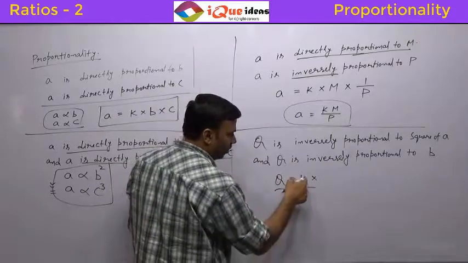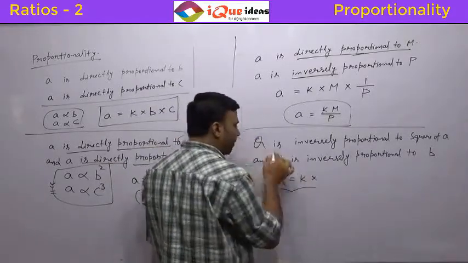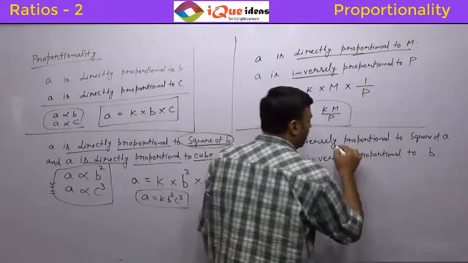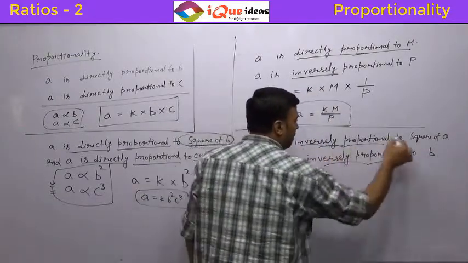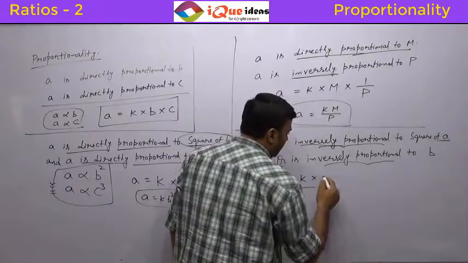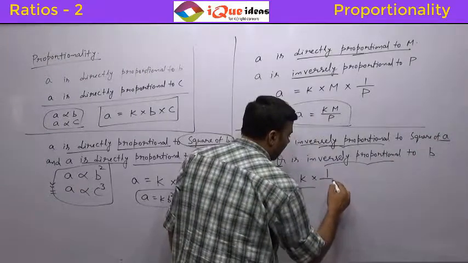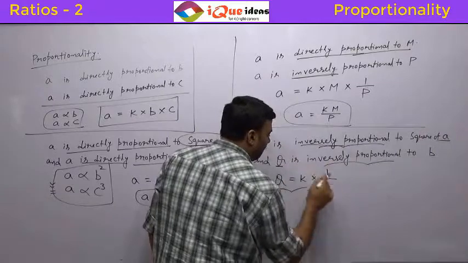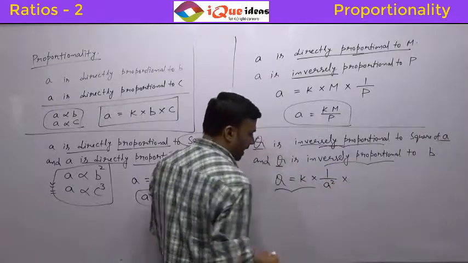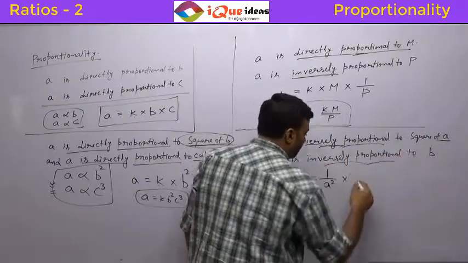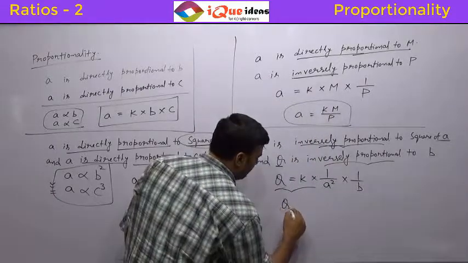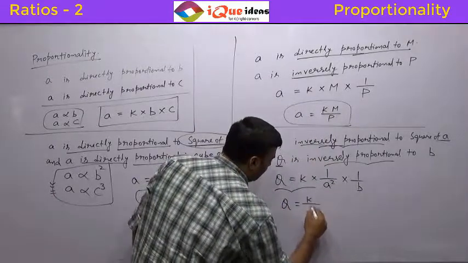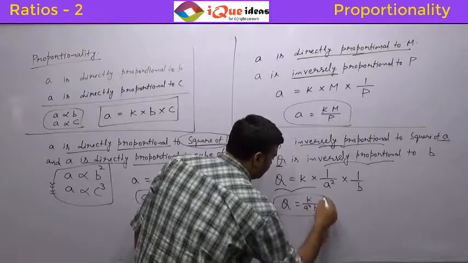So Q is equal to constant into. Now whatever quantities Q is depending upon, in whatever format, they will come directly there. So here it is inversely proportional to square of A. So once inversely will mean 1 by, and square of A would mean A square. And inversely proportional to B, so it is simply 1 by B. So final relation will be Q is equal to K upon A square B.